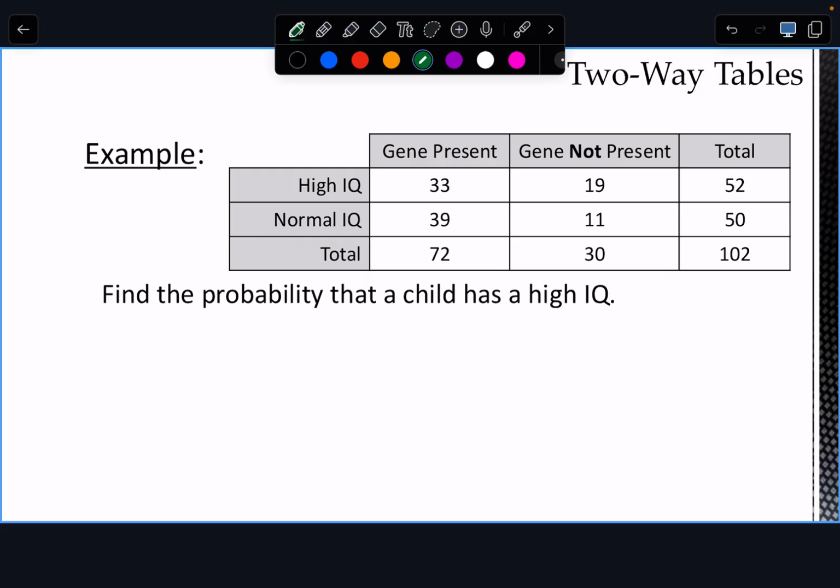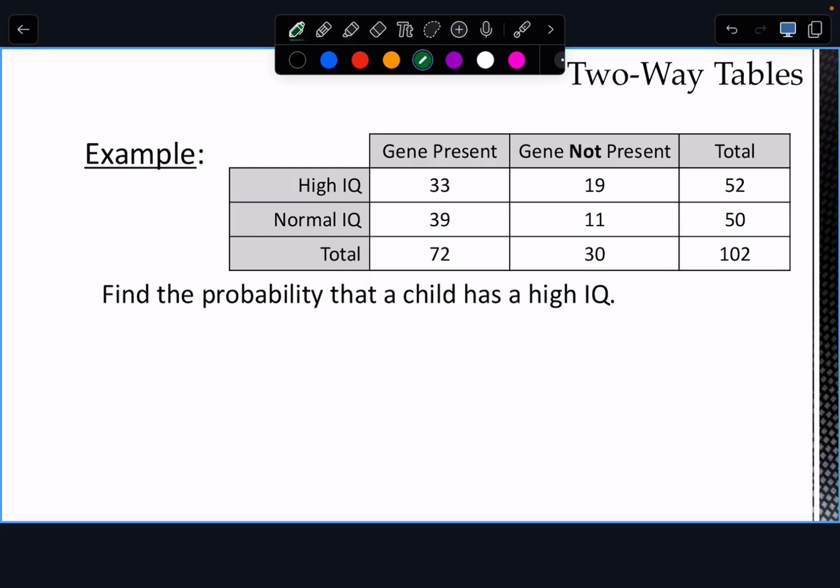So in this scenario, they were looking at whether there's a relationship between a particular gene and IQ level. They took a group of 102 kids, measured their IQs, looked to see if they had the particular gene in question, and then put the information together in the following two-way table.